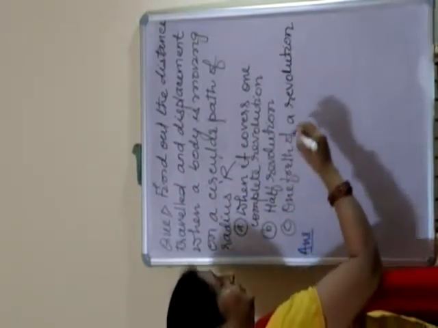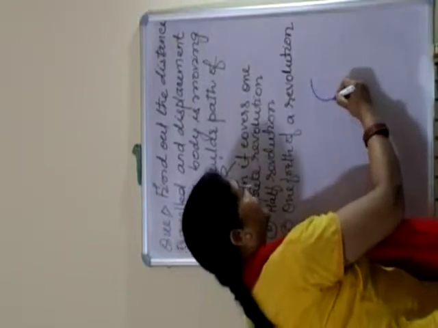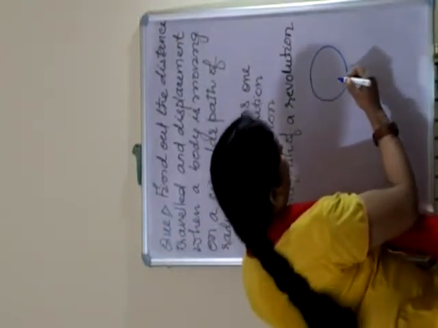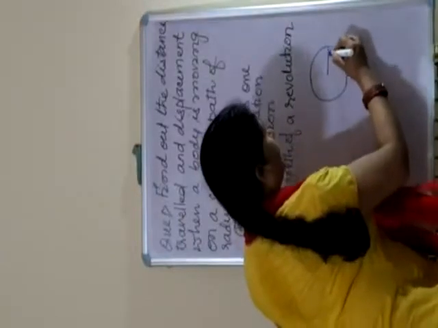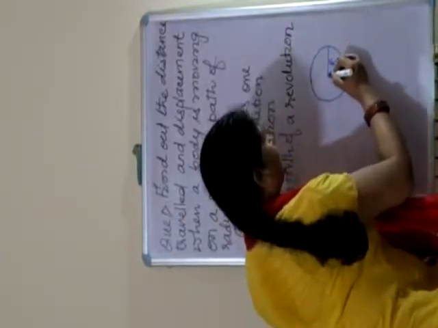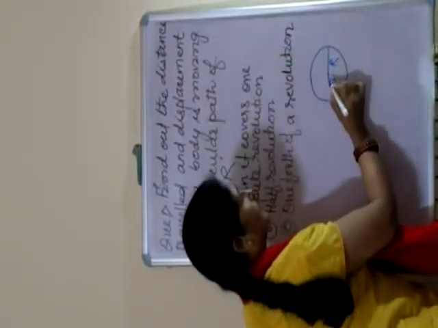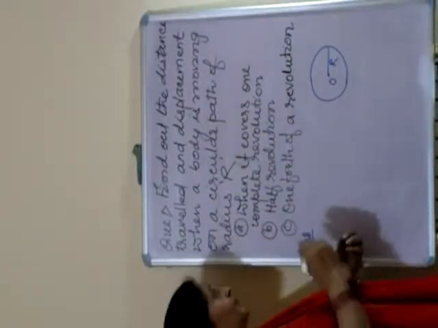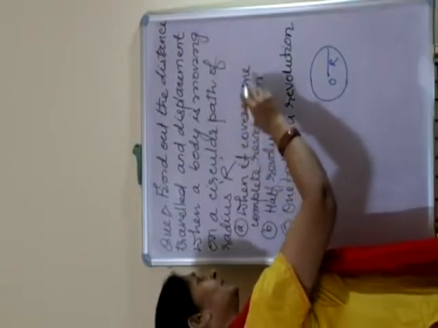This is the circle of radius r. Now for the first case, when it covers one complete revolution.